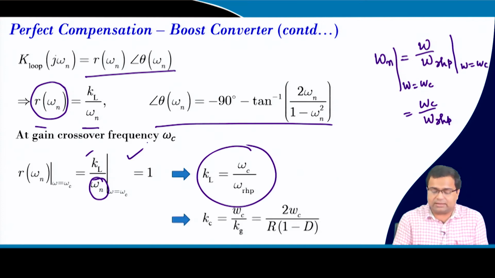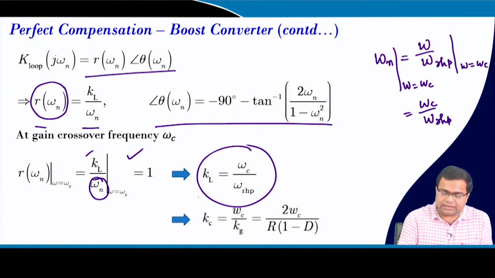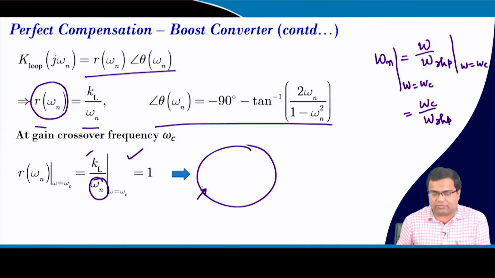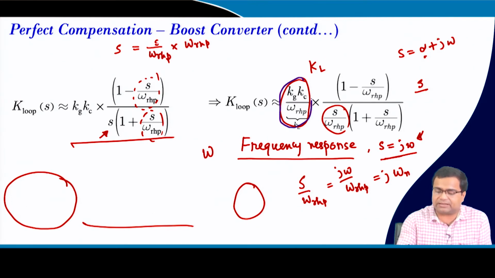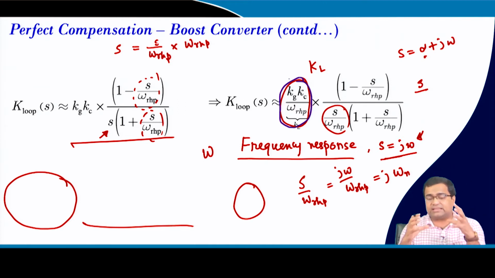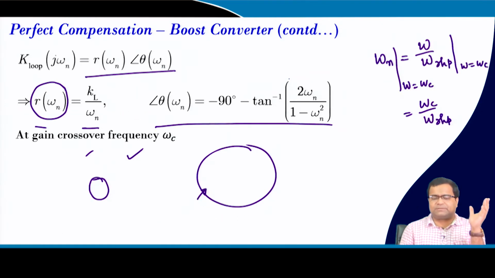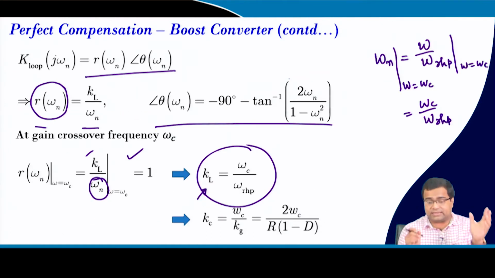So, you can write, and if we substitute the K_L expression, because K_L, where is my K_L? So, we have discussed in the previous slide, yeah, this is my K_L expression, where K_G is the DC gain of the plant, K_C is the DC gain of the controller, and the omega RHP zero. If we write all the expression, then we can get it here.